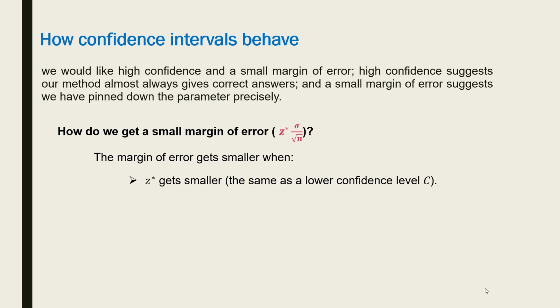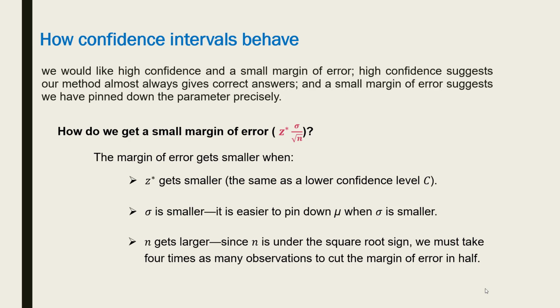Right? Or in other words, you can say lower confidence level. So next one is sigma is smaller. Yes, sigma is known. Therefore, we cannot change sigma. If n gets larger, you can get a smaller margin of error.